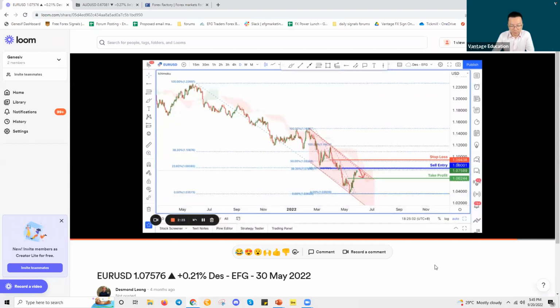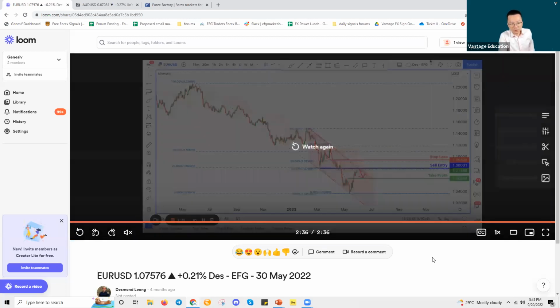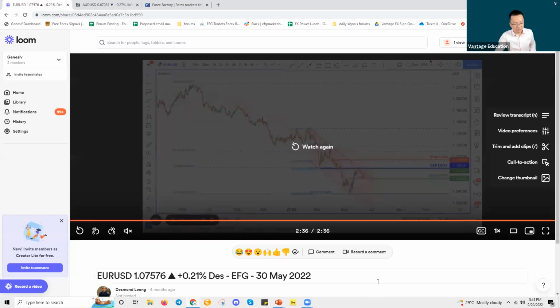So that's a view of how we develop that idea as it happens. This is not just an indicator or a strategy that you do after the fact. This is something that you can do as it happens.